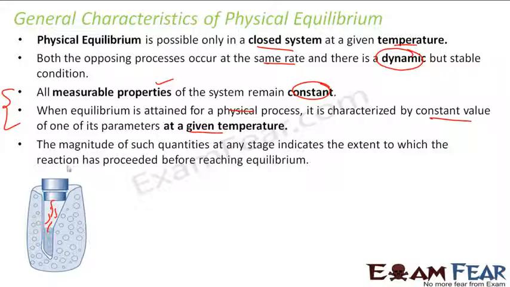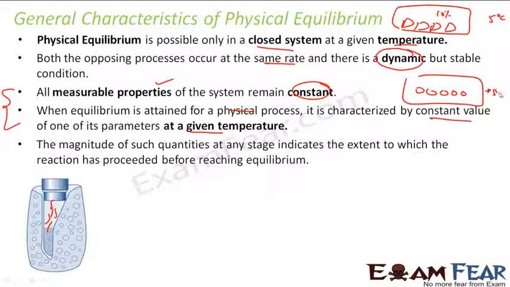So, for example, I have a lot of ice at, let's suppose, 5 degrees Celsius. You see, out of the ice, very few of them, let's suppose 10%, melted.